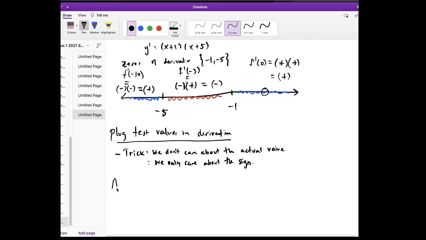So what's the answer? Where is it increasing? Or maybe we can do decreasing first, because that's easier. Whatever you want to do. Yes, decreasing between -5 and -1.